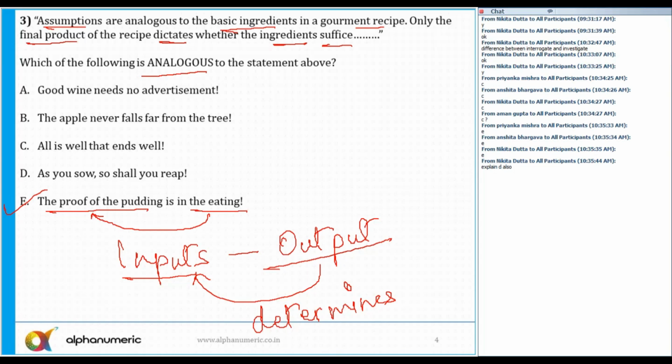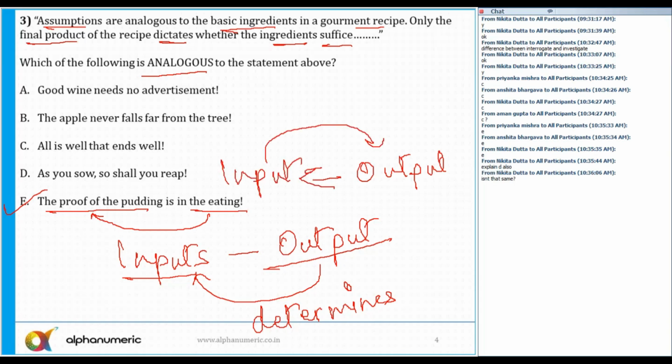Nikita, number D is contrary. As you sow, so shall you reap. That means your output is dependent on your input. Input determines output. No, it's not the same. As you sow, whatever you input, the same thing you are going to get as output.